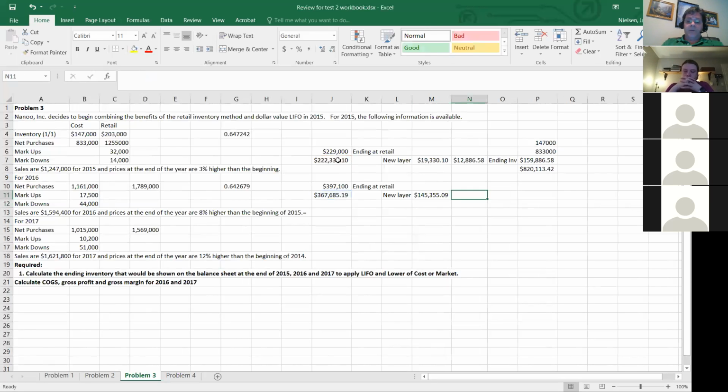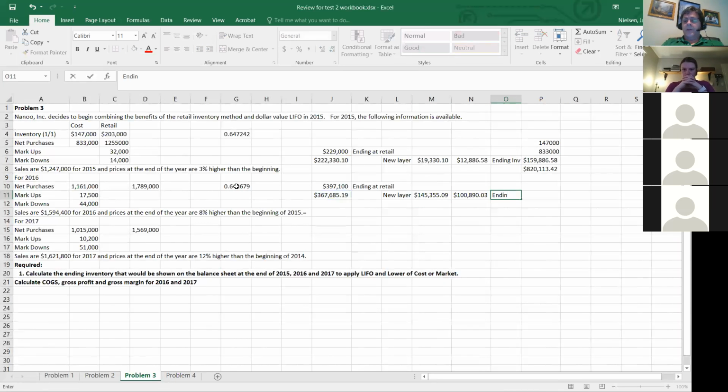We're then going to put the inflation back by multiplying for just that layer, and then we're going to do the cost percentage, the one for the current year, and our new layer is just under $101,000. Okay, ending inventory.